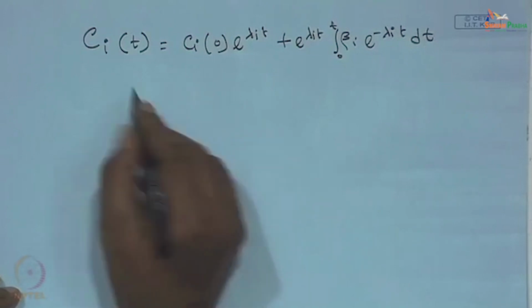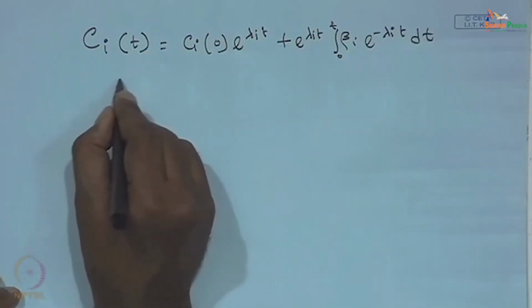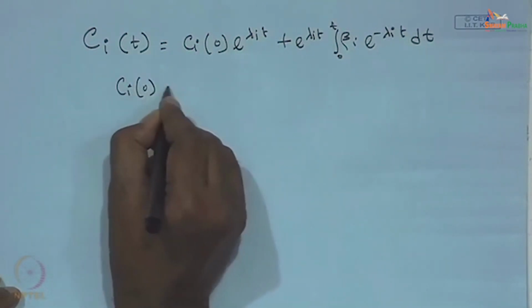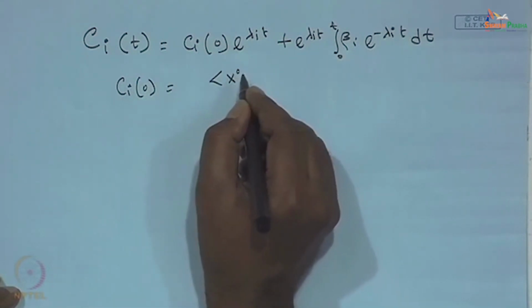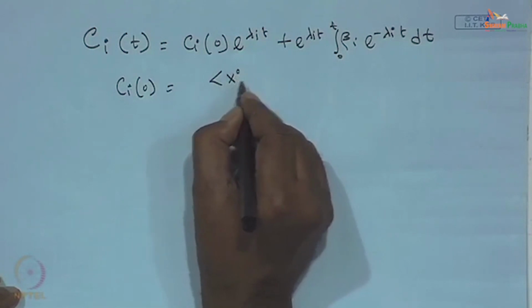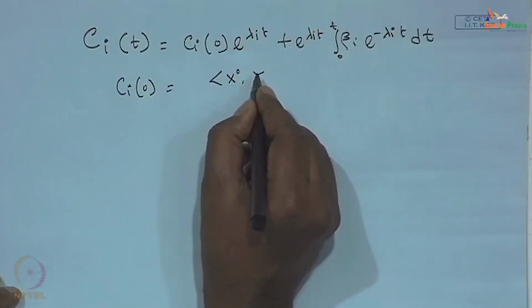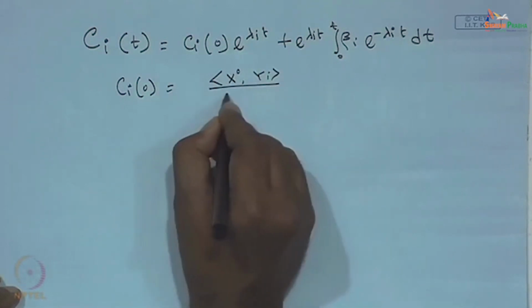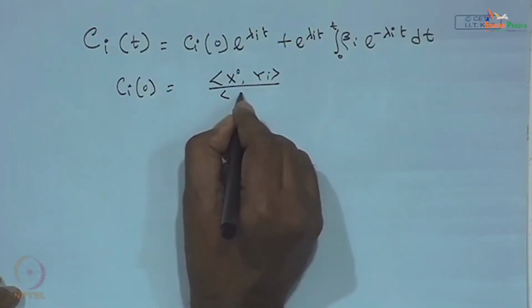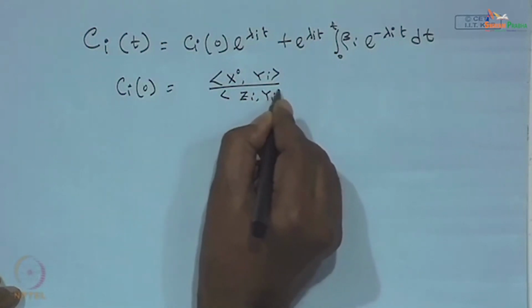Therefore, the coefficient c_i naught can be expressed as the inner product of x naught and y_i divided by the inner product of z_i and y_i.